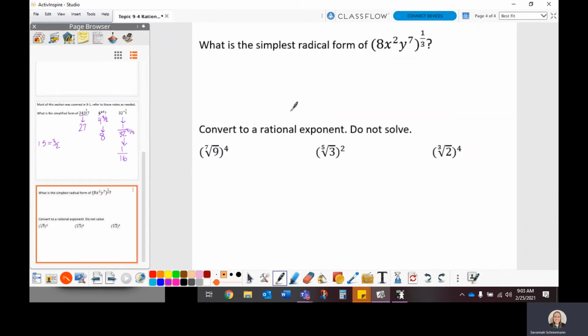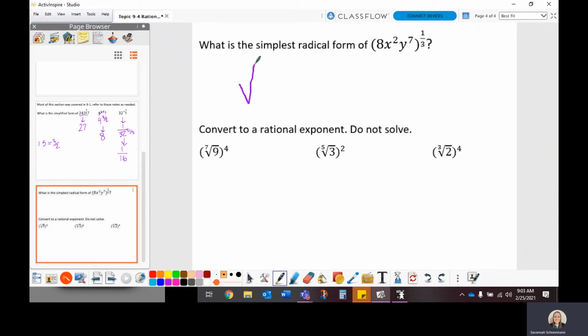We're also going to look at the opposite of what we did yesterday. Yesterday, we took radicals and converted them to rational exponents. Today, we're going to take rational exponents and convert them to radicals. If you remember from yesterday, the numerator of our exponent is the exponent that applied to everything inside our radical, and then the denominator referred to the power of the radical.